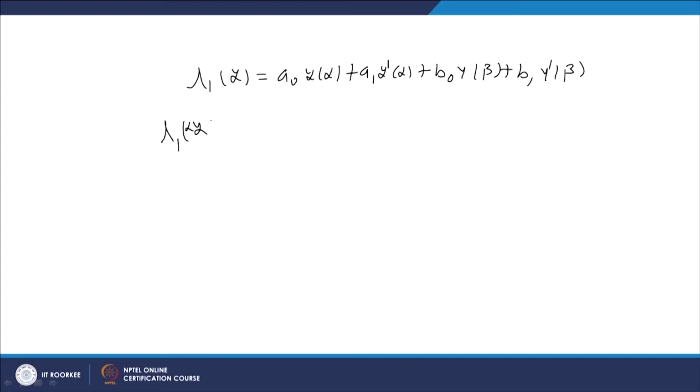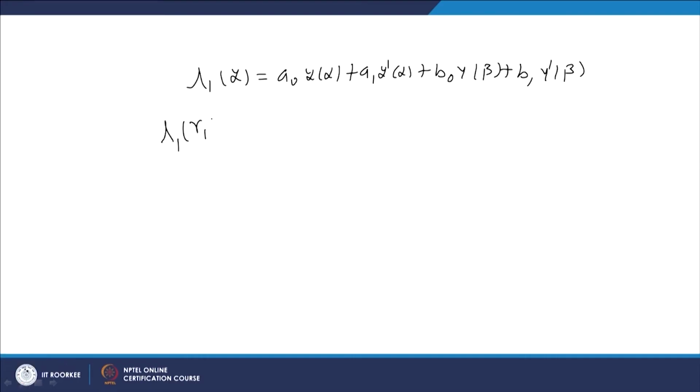Let me write it: L1 y = a0 y(alpha) + a1 y'(alpha) + b0 y(beta) + b1 y'(beta), and we want to check whether it is linear in terms of y or not. For that, you write L1 of (alpha y + beta...), alpha we have already taken, so let us use some other constants, say R1 and R2.